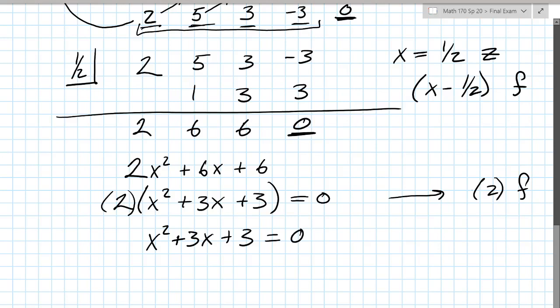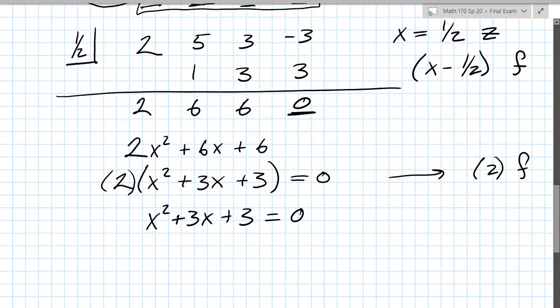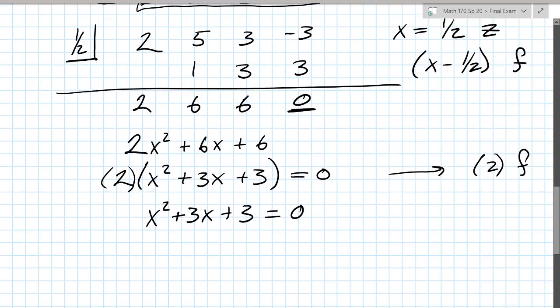In order to solve this, we could try factoring it, but factoring it doesn't really look like it's going to give us anything good. You could try 3 times 1, but 3 times 1, while it is 3, when you add them together, it does not give you a positive 3 there. So our next option is, how about complete the square?